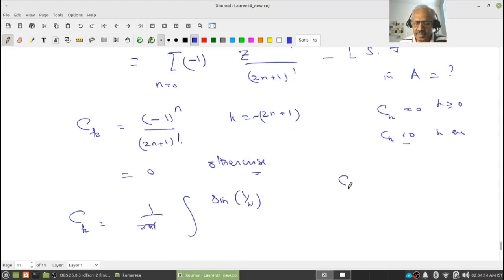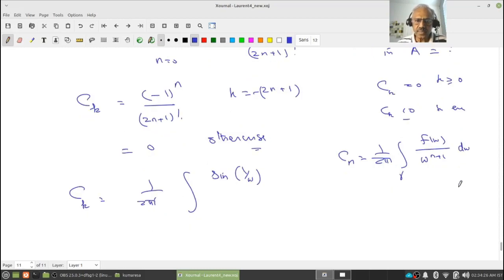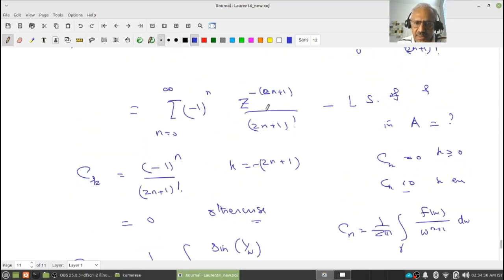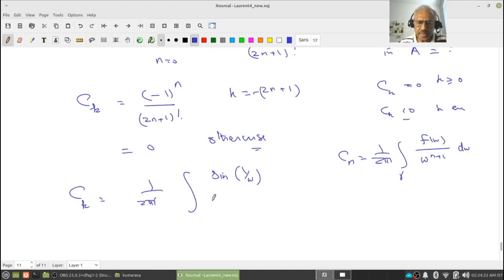Remember my cn formula is 1 by 2 pi i integral over gamma of f of w by w minus a, in this case a is 0, to the power n plus 1 dw. Now the power is minus 2n plus 1, therefore it's going to be w power 2n plus 2 dw.